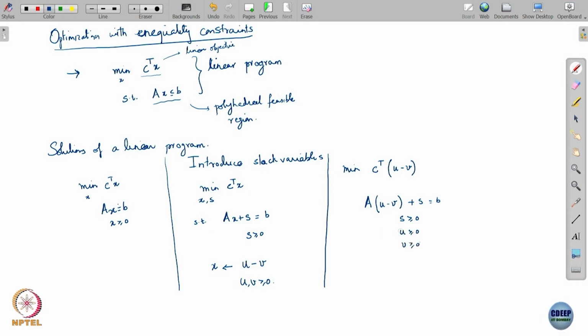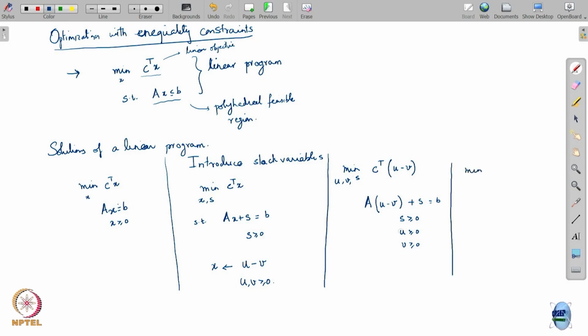Now, what are my variables? The decision variables of my optimization: s, which is earlier, remains, and in addition I have u and v also. So I am now optimizing over u, v and s. I can write this whole thing in a neater form.